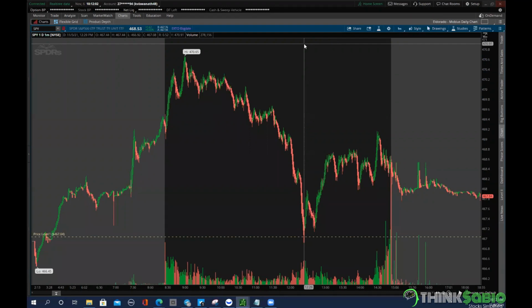When you log into thinkorswim or any charting platform, this is pretty much what you see. When you give a ticker, you'll see the chart, and what's grayed out here is pre-market and post-market. What's here in the middle is the actual market, right? I'm not going to go into the thinkorswim platform itself to help you understand how to place a trade, or where to click to buy and sell.